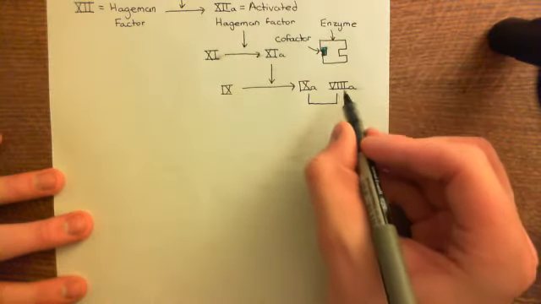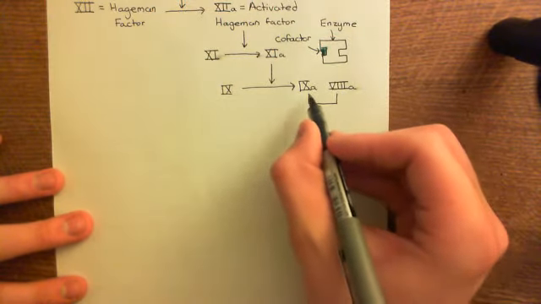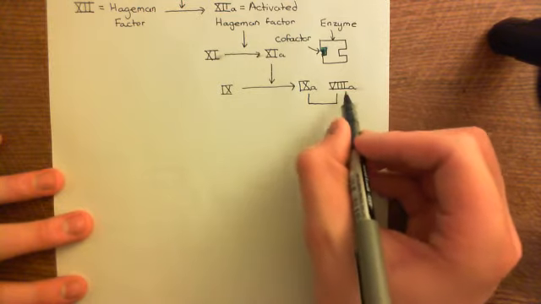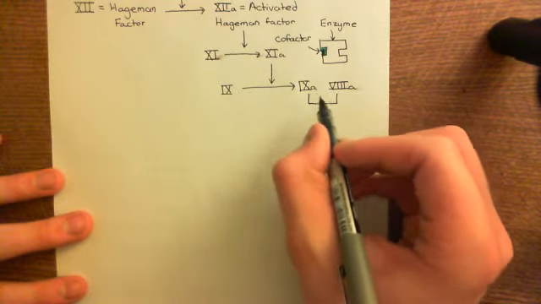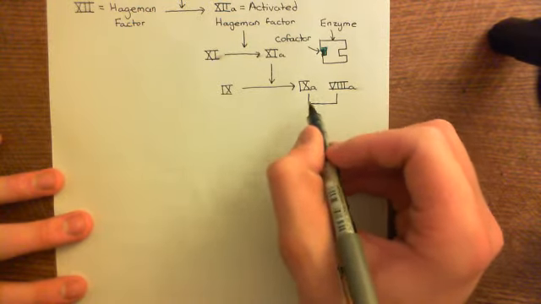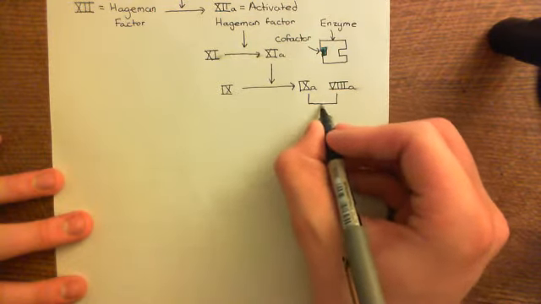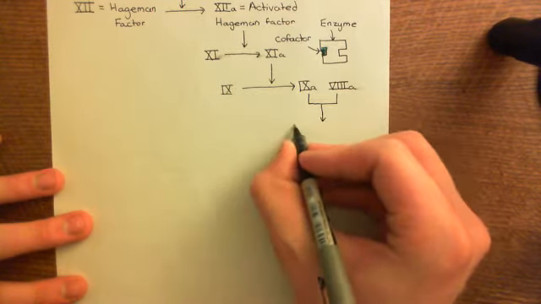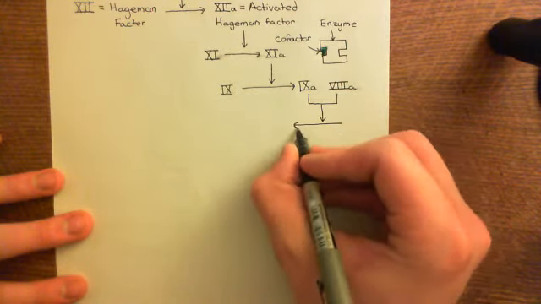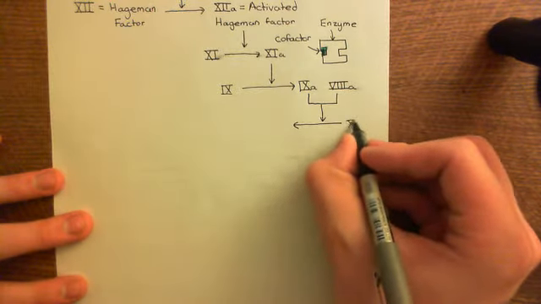Okay, so factor 8a is a cofactor for the enzyme 9a. So 8a has to bind to 9a in order for them to make a functional enzyme, which will then activate factor 10. Okay, so this functional enzyme now will activate factor 10 to 10a.